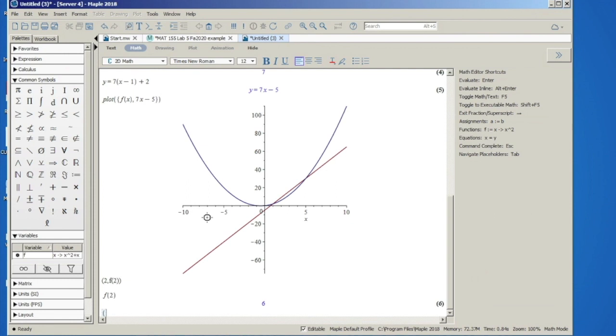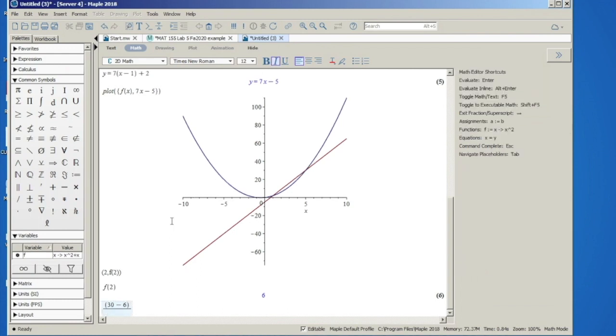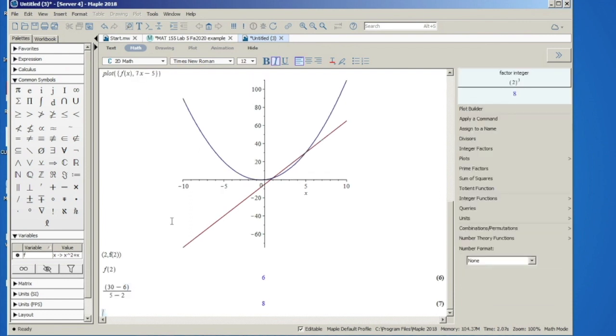So I'm just going to keep using those values. So I have 30 minus 6, that's the difference in y, divided by, well, now I have 5 minus 2. Now I have that the slope, instead of being 7, now the slope is 8.